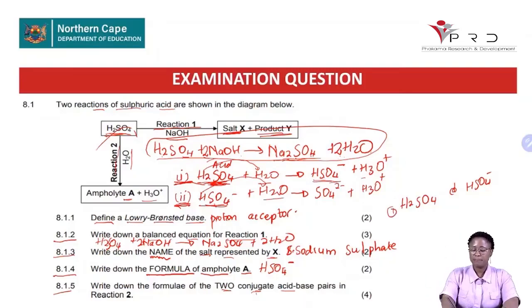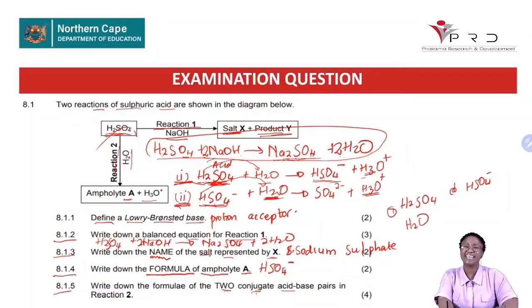The second pair is the pair between H2O and H3O plus. H2O is acting as a base, because it is receiving the hydrogen from sulfuric acid, H2SO4.